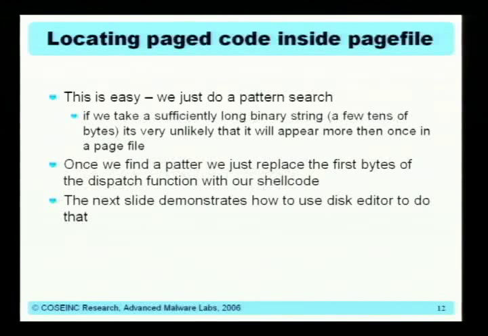If we take the first 64 bytes of the function, there is very, very little probability of finding something else. In fact, I never experienced finding something else in a page file. Even though a page file can have many gigabytes, if we search for a 64-byte string of opcodes, it's very unlikely that we find anything other than our function.